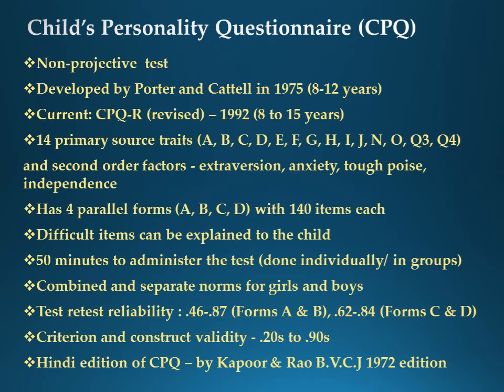On factor N, we're looking at forthright person on the lower side, so someone who's artless, basically, and not very street smart, and someone who is shrewd on the higher side, more artful, calculative, street smart. Factor O, we're looking at the lower side as confident, self-assured, and on the higher side as guilt-prone and apprehensive.